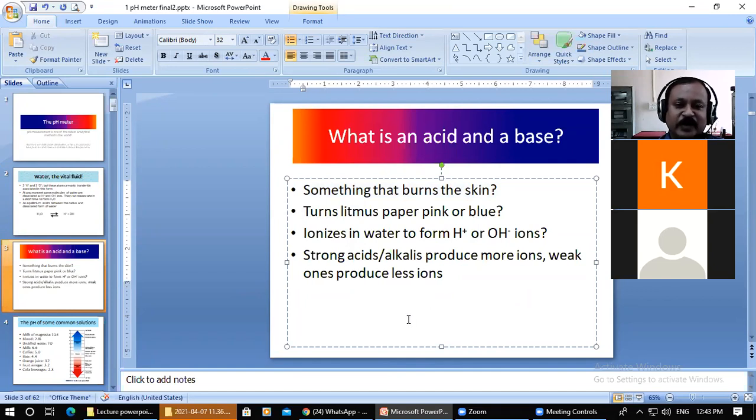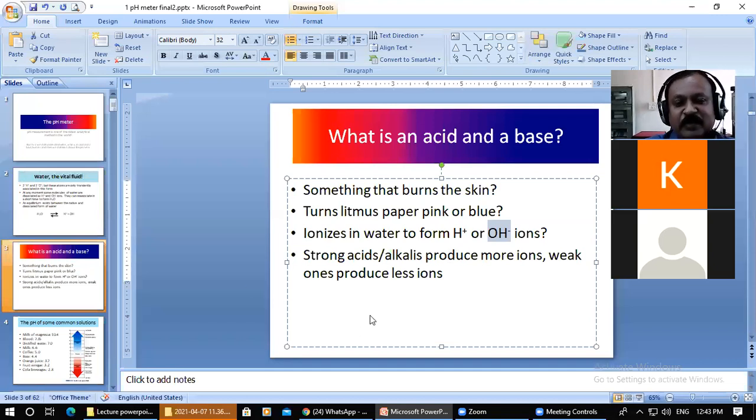These are the characteristics of the acid and the base. Then we also know that when an acid or a base is added to water, it will immediately ionize. An acid ionizes and gives rise to protons, or H plus ions, and a base will produce hydroxyl ions when it is added to water.